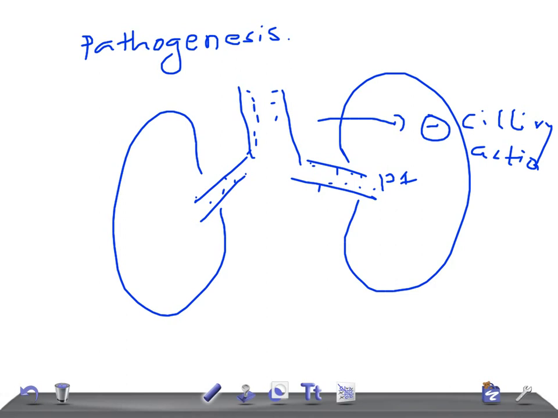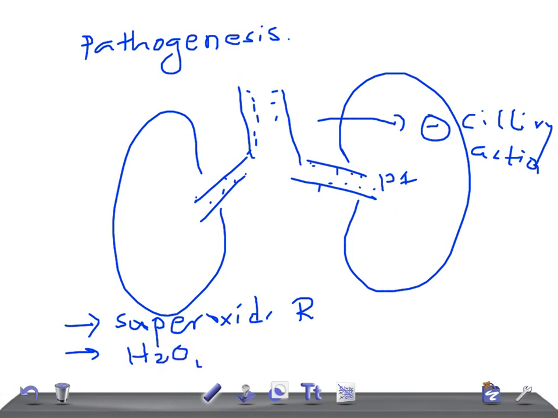Not only does it act by attaching to the P1 receptor and inhibiting the ciliary action, it also produces superoxide radicals, then H2O2, hydrogen peroxide, and catalytic enzymes.